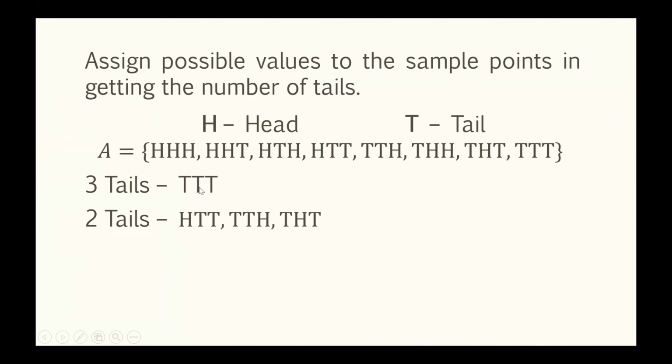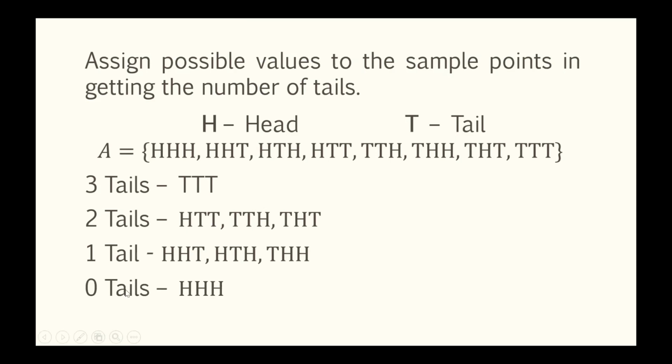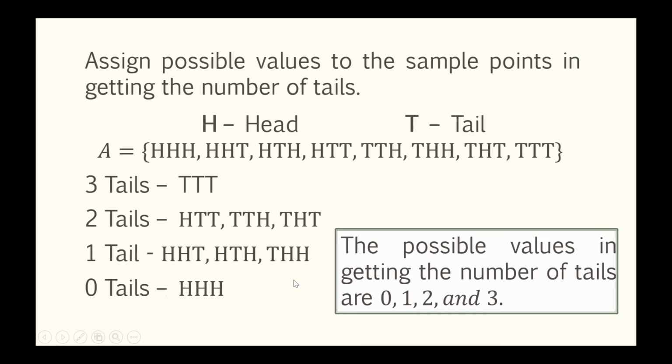If there are 2 tails, there are 3 outcomes. There are also 3 outcomes given that there is only 1 tail. And we have 0 tails, 3 heads. So the possible values in getting the number of tails are 0, 1, 2, 3.